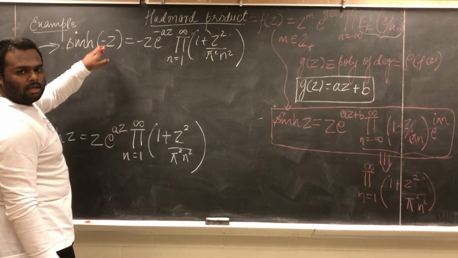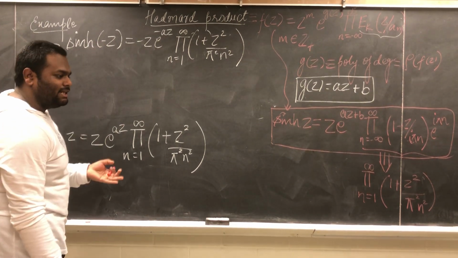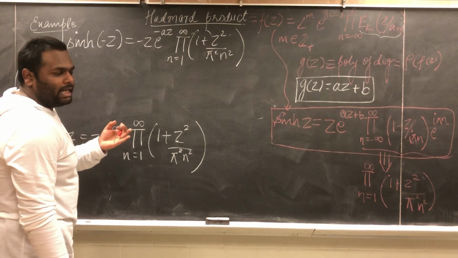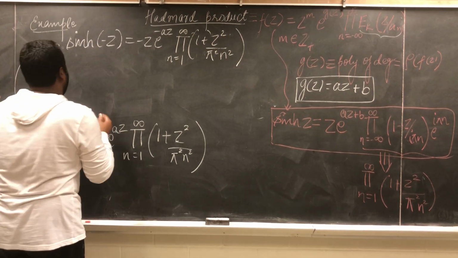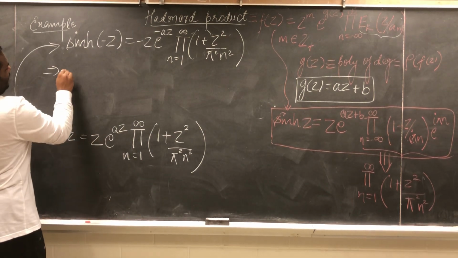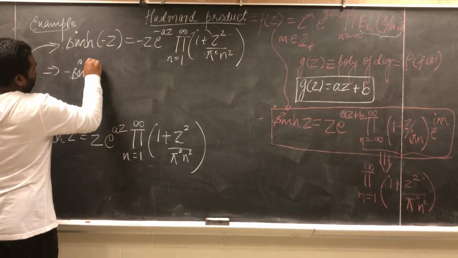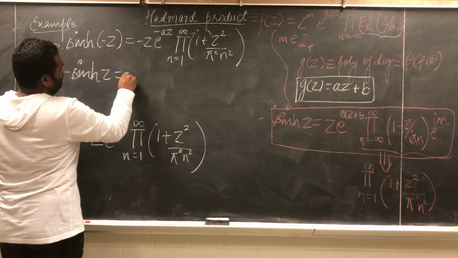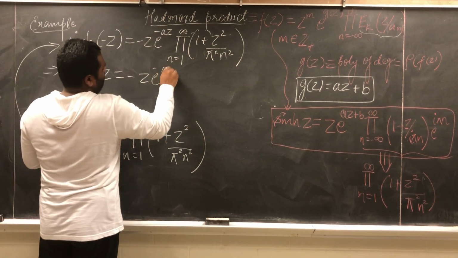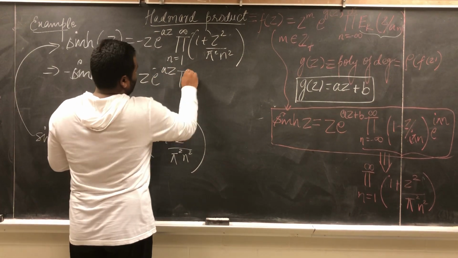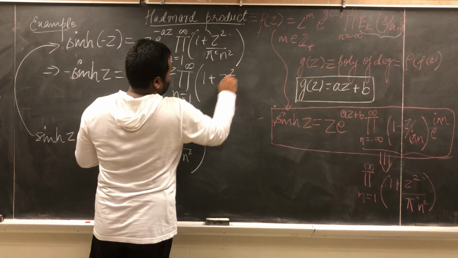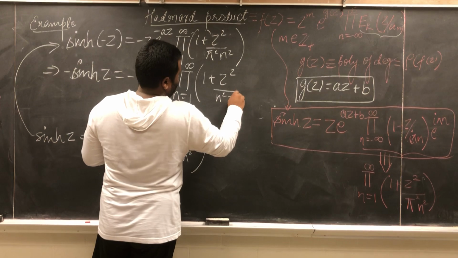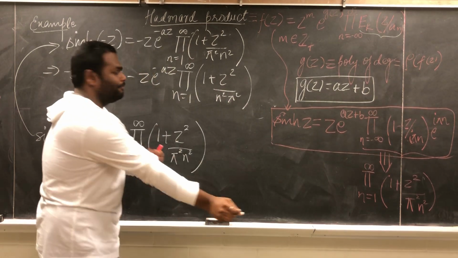But since sine hyperbolic, as I said, is an odd function, this negative will come out and you will get negative sine hyperbolic z, negative z e to the negative az countable product in this sense. Make sense? Right?